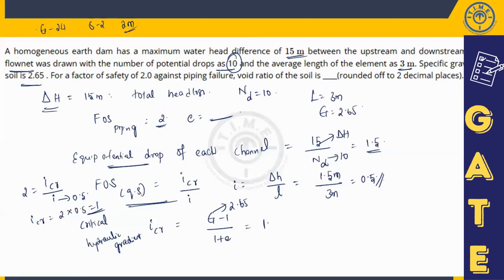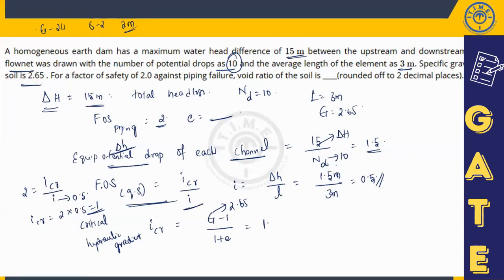I am explaining again. It is given the total water difference is 15 meter, total head loss, and the number of drops is 10. From this I can calculate head loss per each drop, each channel, that is equipotential drop of each channel, del small h, that is capital del H by Nd. He had given factor of safety against piping, that is quicksand condition, that is i critical by i.